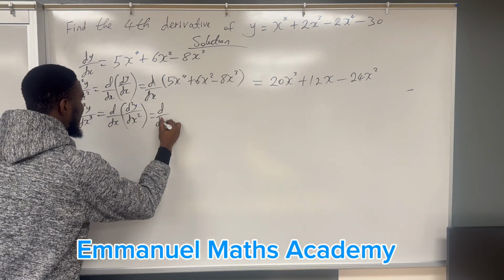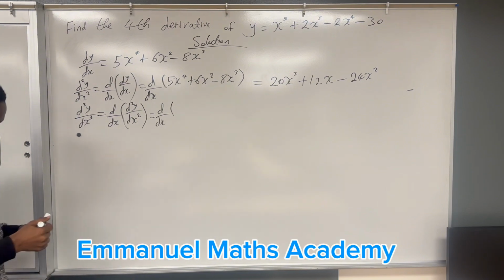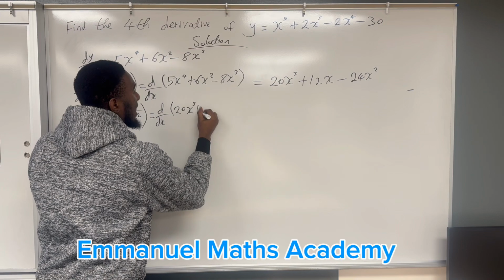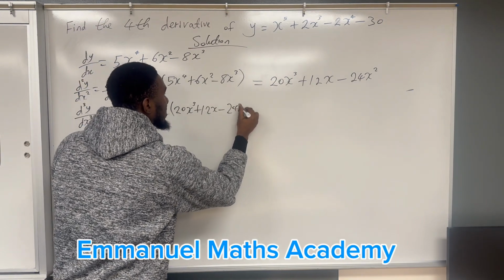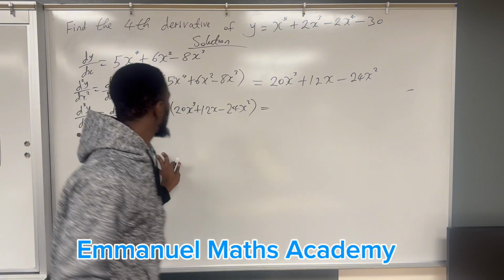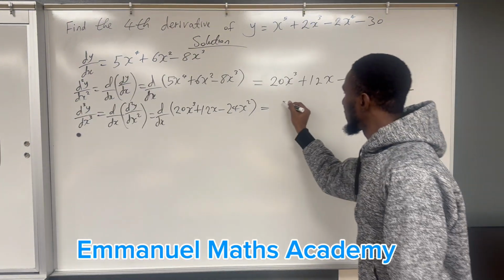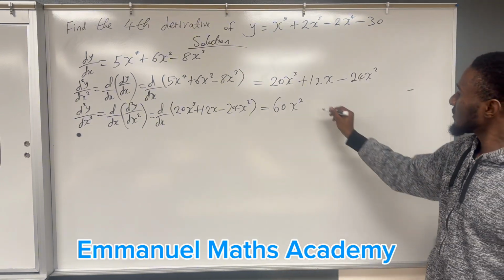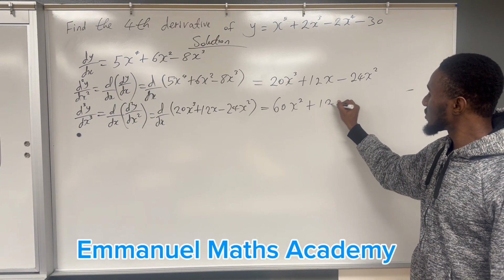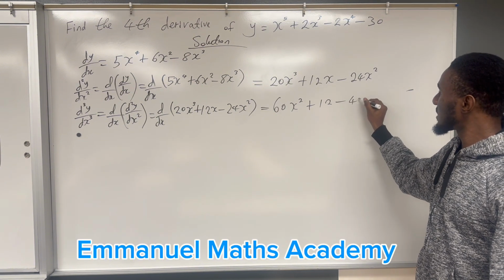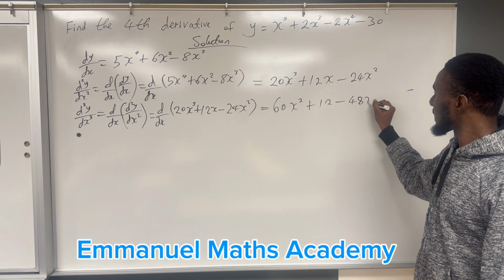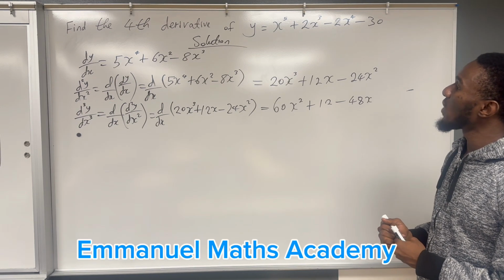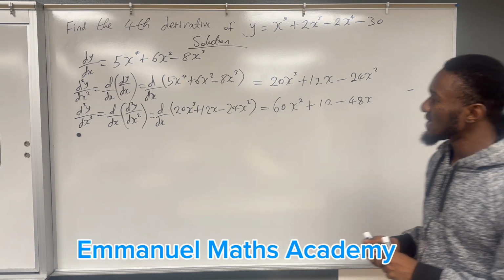If you differentiate the second derivative, all of this, again, which is equal to, this will give you 60x squared, plus 12, minus 48x. So this is the third derivative. So you'll be differentiating one more time.